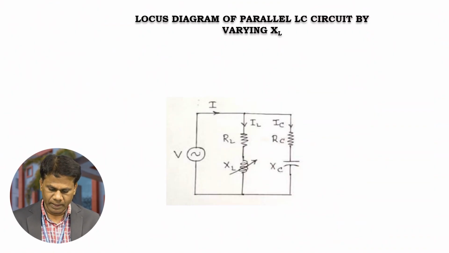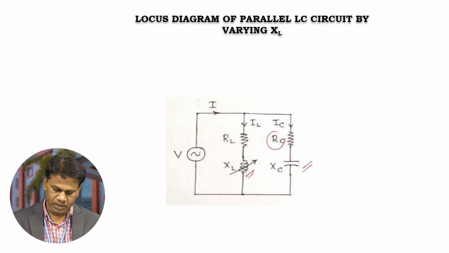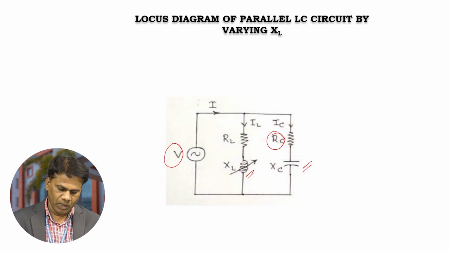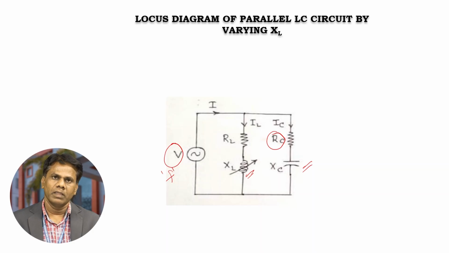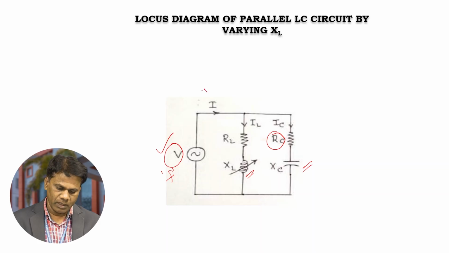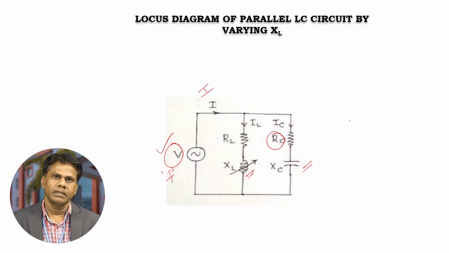Here we are taking one inductance and one capacitance. For the inductance, the internal resistance is RL. For the capacitance, the internal resistance is RC. For an alternating applied voltage V of fixed frequency, 50 Hz, the total current drawn by the LC elements is I. This total current is divided into two currents, IL and IC.